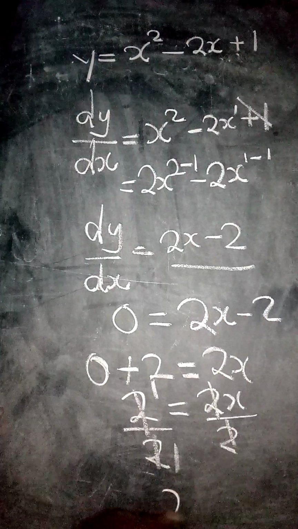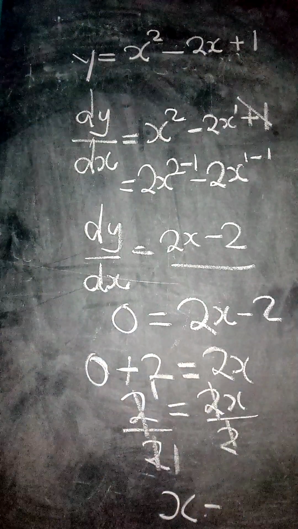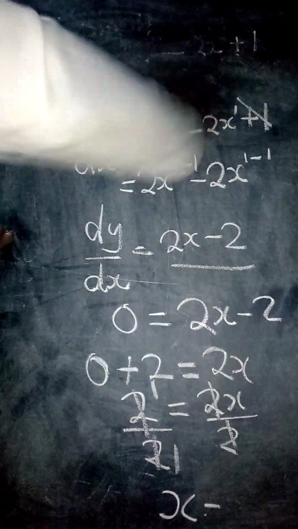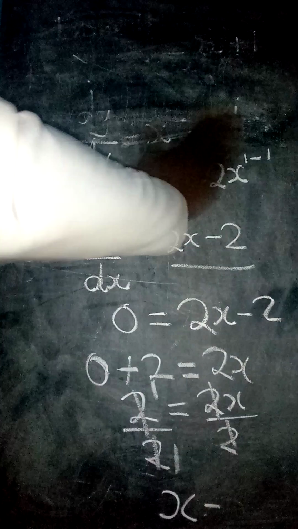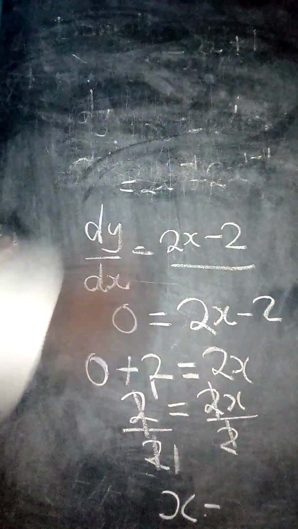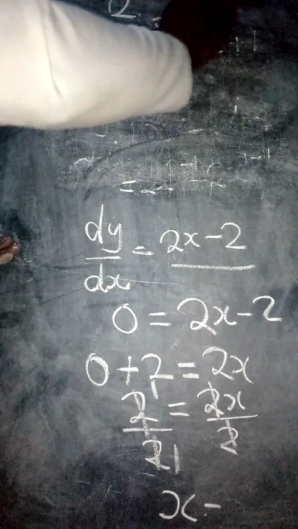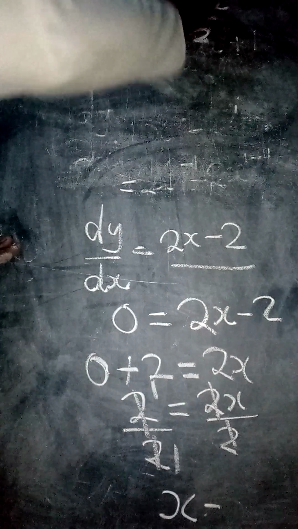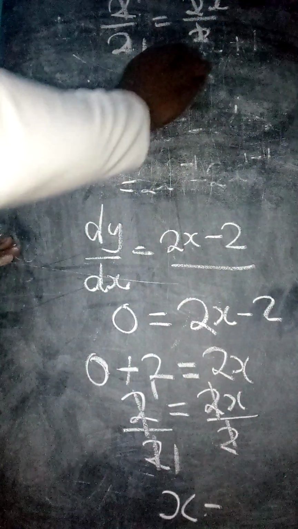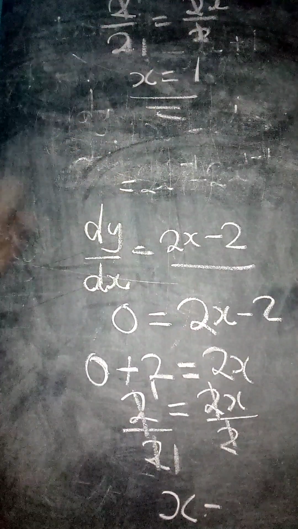So the value of x is equal to, since I don't have enough space, let me just double up there. So we say 2 over 2 equal to 2x over 2. So you cancel there, 1. So it means x is equal to 1. So the value of x is equal to 1.